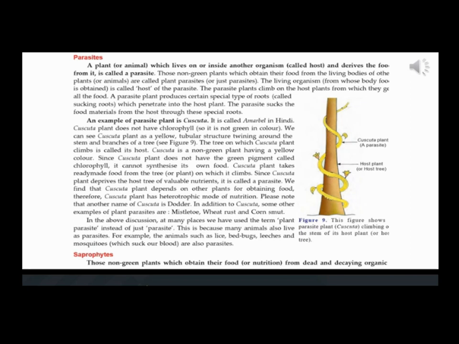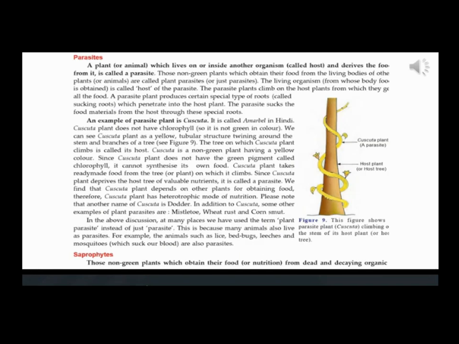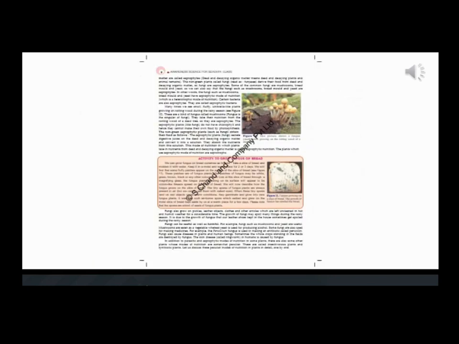Those non-green plants which obtain their food or nutrition from dead and decaying organic matter are called saprophytes. Now come to the next page 8. Children, do you know what is the meaning of dead and decaying organic matter?